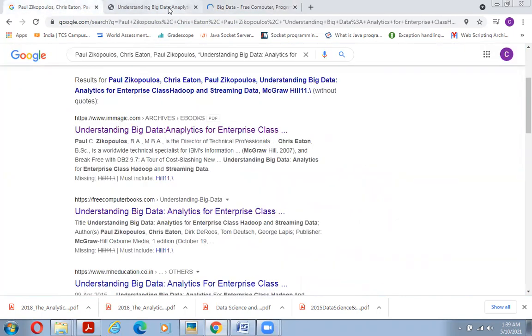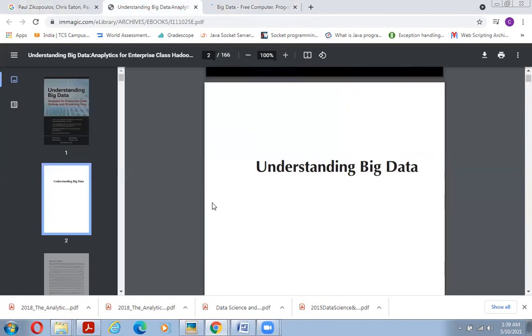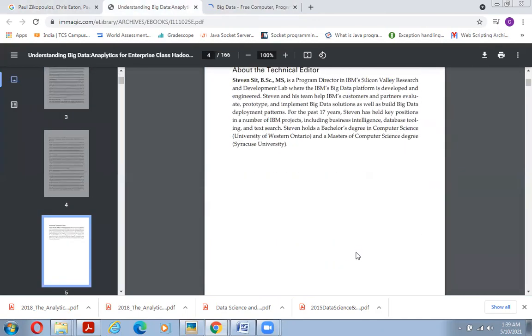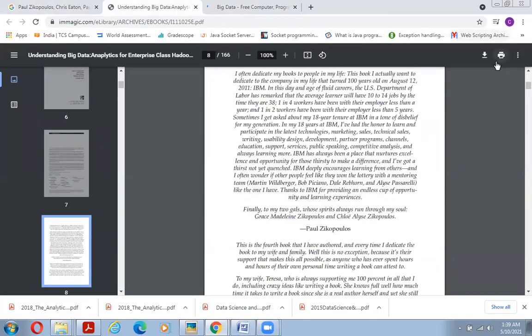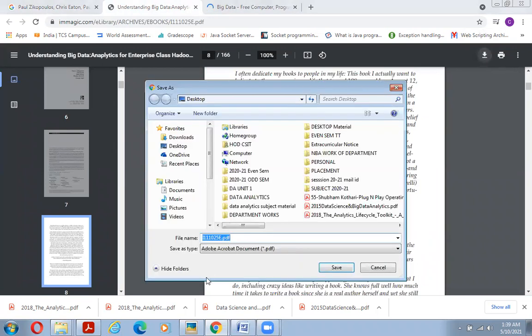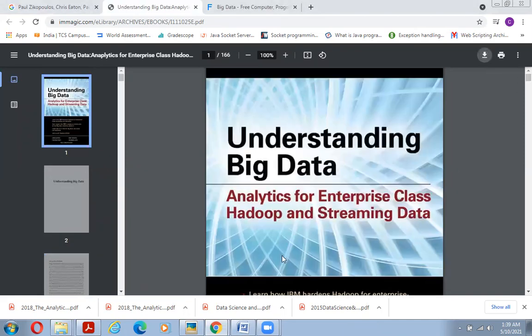Here we got our book. Again we got our book. See, maximum PDFs are available. What is our book name? Our book name is Understanding Big Data.